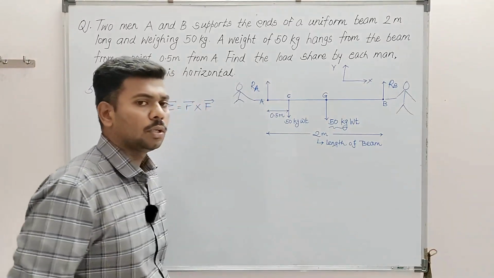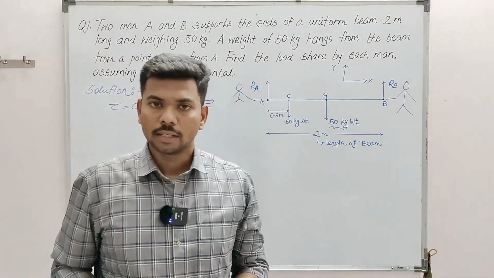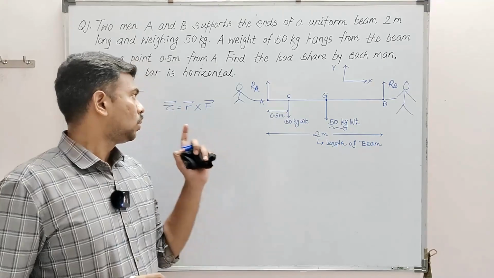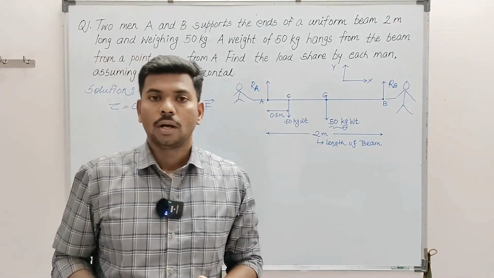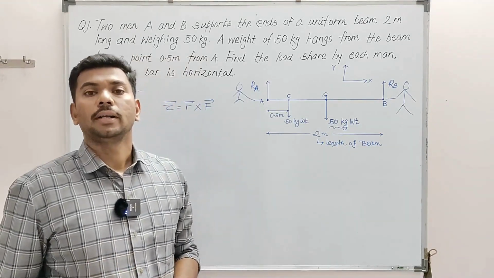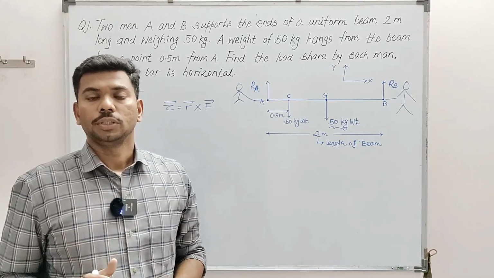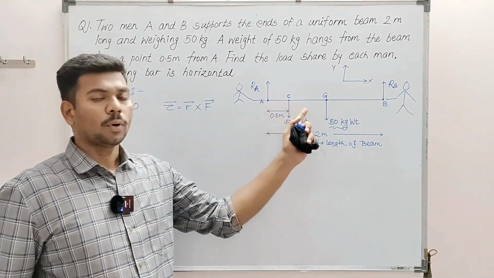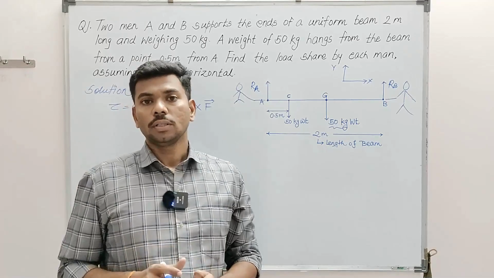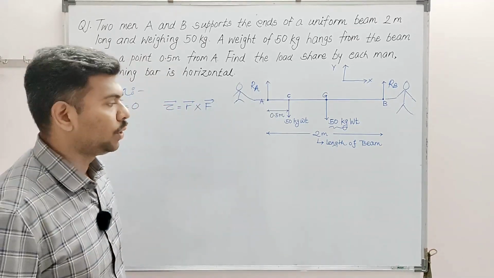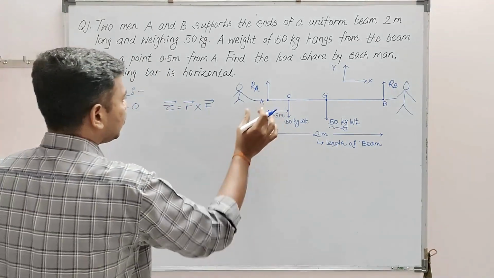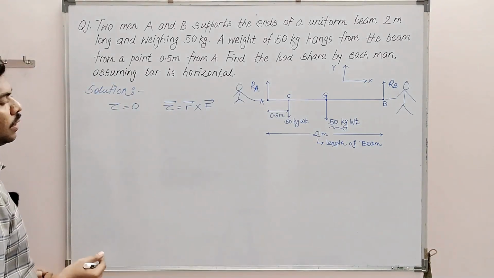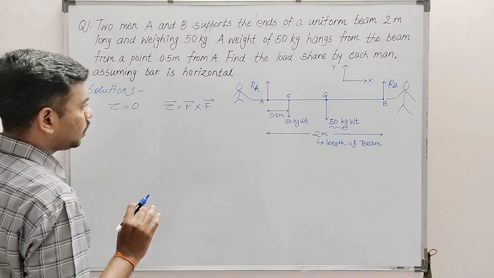Why? Because whenever the system is under mechanical equilibrium, then the total torque on the system is 0 and the torque is independent of the choice of origin. Means we can select any point where the net torque on the system is said to be 0. So for convenience, let us consider the point A where we are applying a torque.